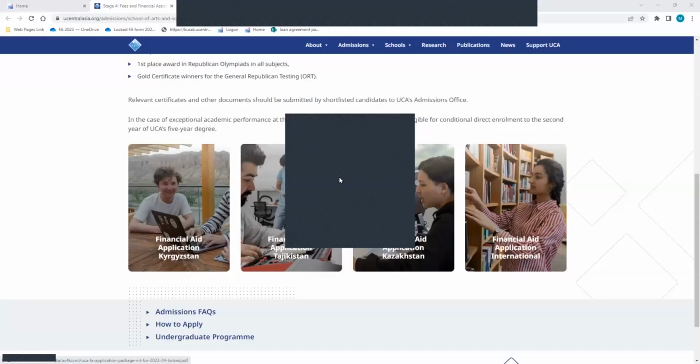Thank you, my colleague already shared these email addresses, so please have a look. She has mentioned that admissions@ucentralasia.org is for questions regarding admission, and sfa@ucentralasia.org is for questions regarding financial aid only.